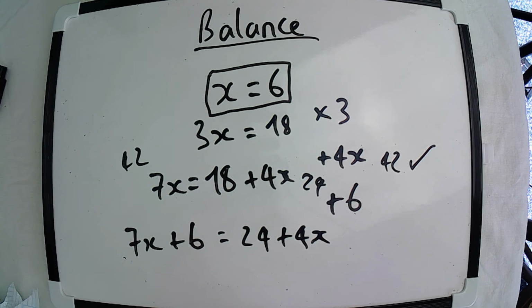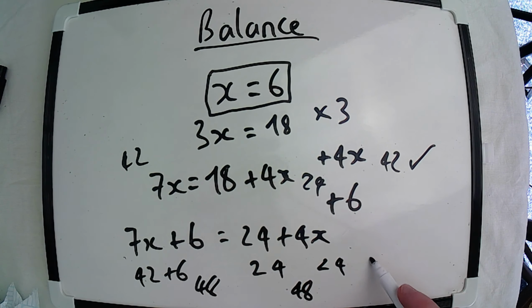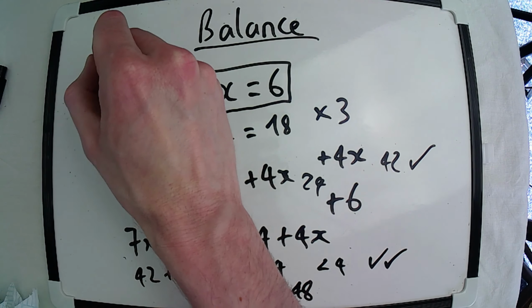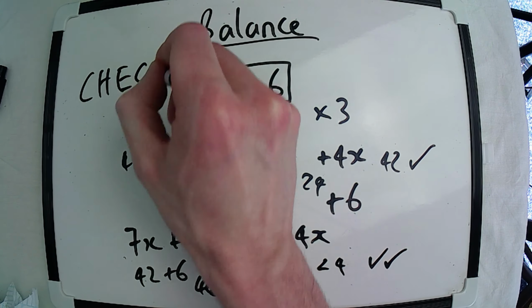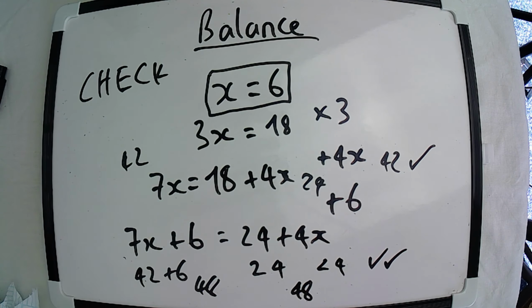Still correct. 4 lots of x, 24. 24 and 24, 48. 7 lots of 6, 42, plus 6 is 48. So when you're building up equations like this, it's very important to check at all stages that equality is still preserved.